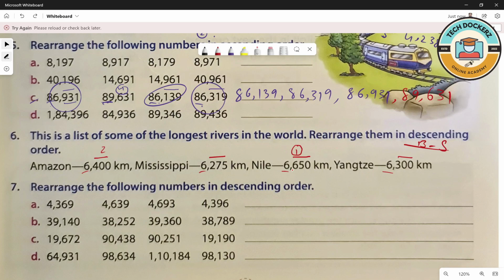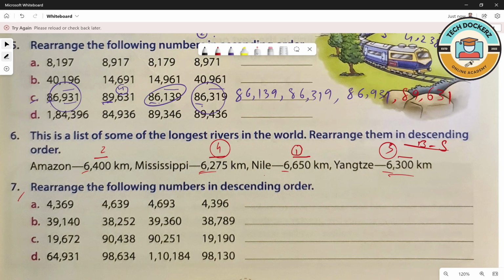Now we have two remaining numbers, 6200 and 6300. Which number will come at third position? 6300. And the last one will be the smallest number in the list, which is 6275. All right. Let's move to question number 7.